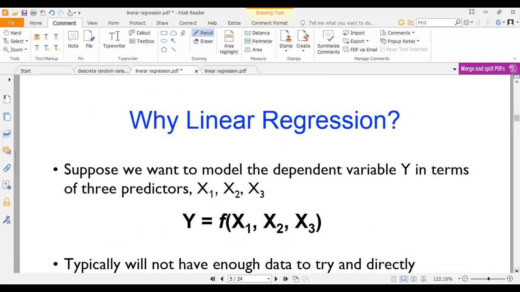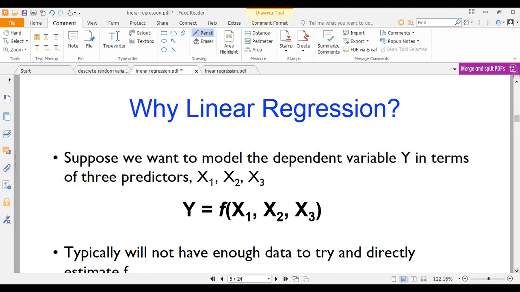So why linear regression? This is the only model that is able to give you how much of these indicators x1, x2, and x3 influence Y. Of course, later on, in a deeper version, we're able to determine how much of these variables specifically have an impact on the outcome, what contribution each of them has.